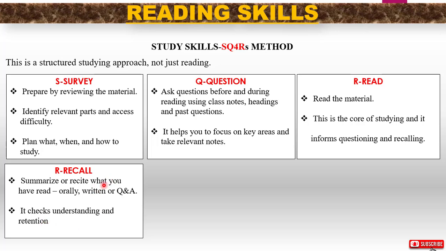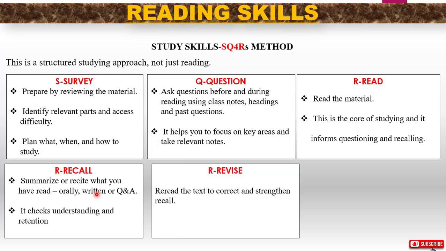So you would realize that you were not able to retain all the information that you read when you do recalling. So if you recognize that, then the next R is going to be important. That is the revision stage. You will reread the text to correct and then strengthen your recall. So whatever information you forgot during your recall section, you will go back and reread the text in order to correct and then strengthen the information that you've forgotten.